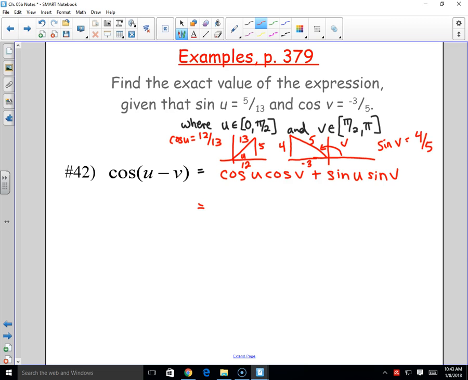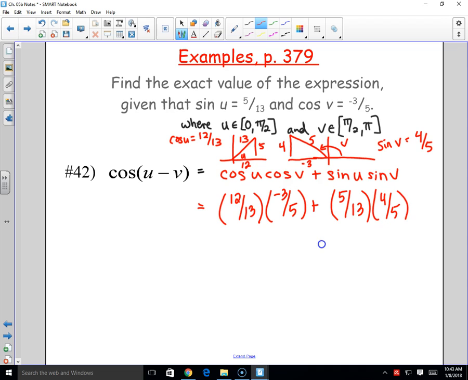It's time to say, hey, I know who each of these guys is. 12 over 13 times -3 over 5 plus sine of u was 5 over 13 times 4 over 5. Booyah. Didn't have to know the angles, didn't have to find the angles. All I had to do was use my clues, which were all possible to solve without a calculator.